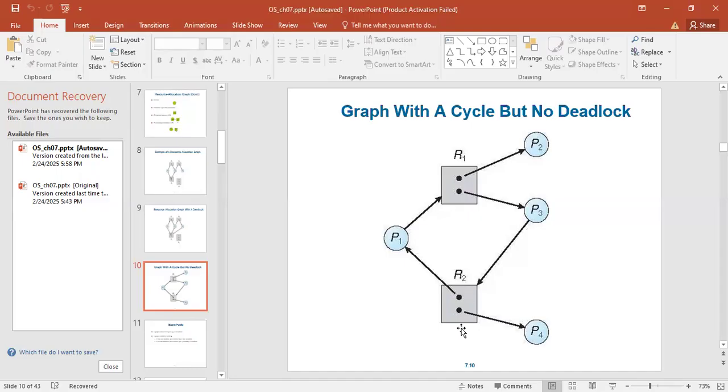P3 is requesting R2, which in turn has two instances. One instance is allocated to P1, and the other instance is assigned to P4. So P4 can finish its execution and then free the resource, which in turn can be assigned to P3. So there will be no deadlock.